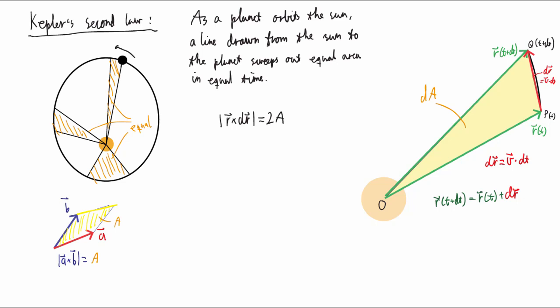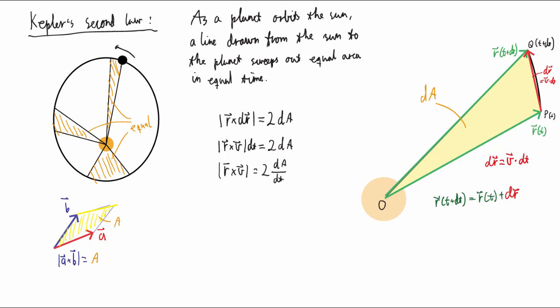Now dr is just the velocity times dt. So we can rewrite this as r cross v dt. One little caveat, this isn't 2A, this is dA, so that's 2 dA. So we get that the magnitude of r cross v, times dt, equals 2 dA, which amounts to saying that the magnitude of r cross v equals twice the derivative dA/dt, and that is the area that's swept out per unit time, right?